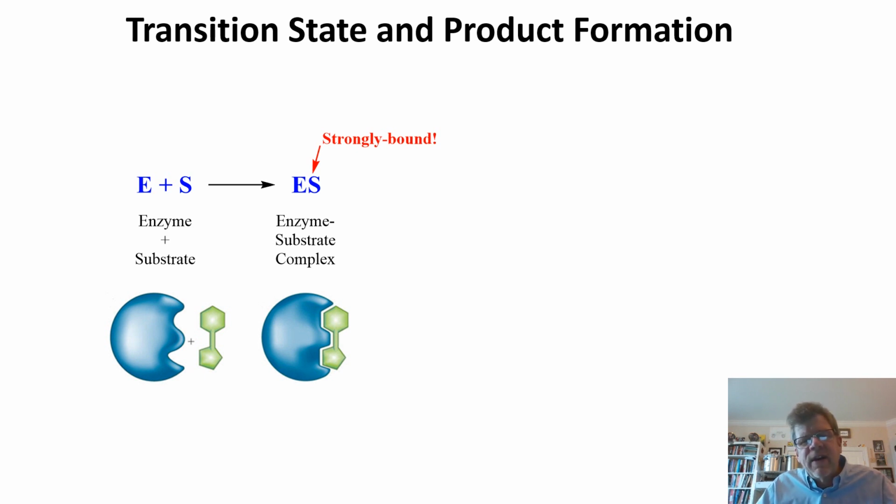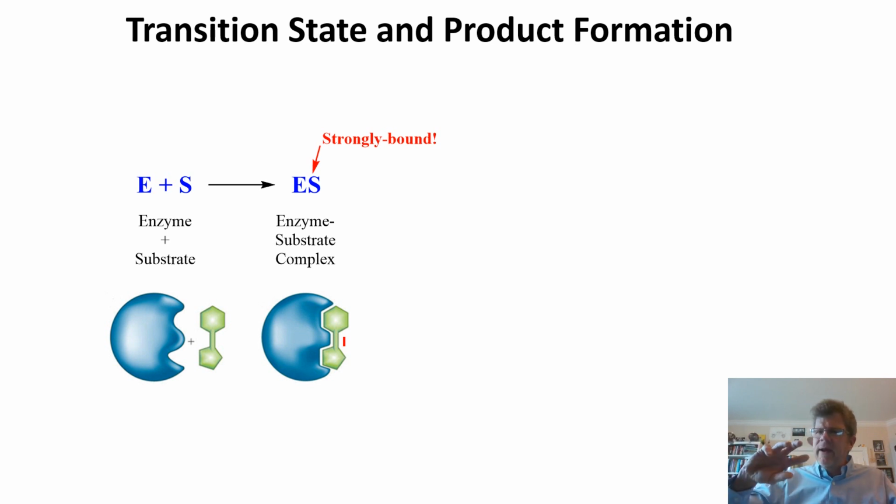And over here, we have that molecule with its attendant covalent bond bound very strongly in the enzyme's active site. So what ultimately happens now is the chemistry takes place within the catalytic domain, within the active site of the enzyme, and we go from substrate to product in that direction.